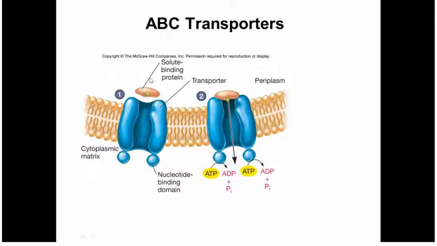And then the complex between the solute binding protein and whatever needs to be imported will bind to the transmembrane pore, and the solute will be transported across the membrane, and this will cost ATP hydrolysis to put in the energy required for this.